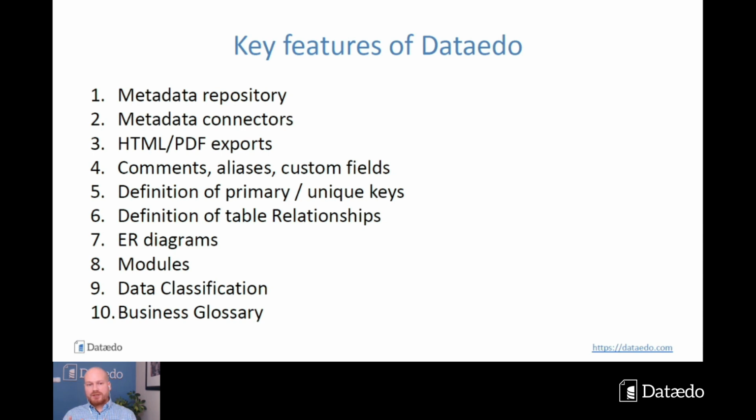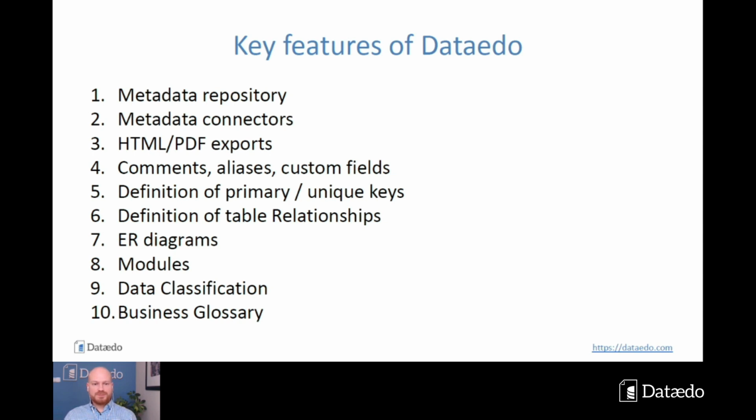Then we have HTML and PDF exports, and this is how you actually publish the documentation, the knowledge, and how we share it. The main one is the HTML. I'll show you that in a second. Then you have comments, aliases, and a number of custom fields of your choice, which you can use to describe every data element.